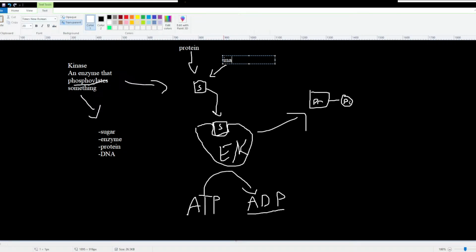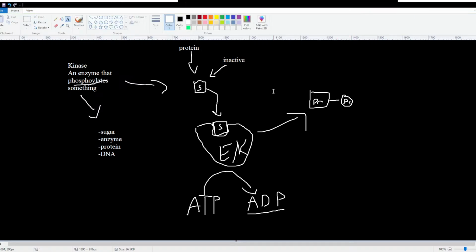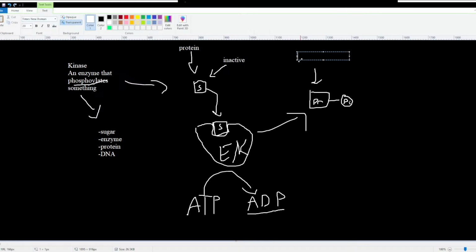After it's been phosphorylated, now we have an active protein.